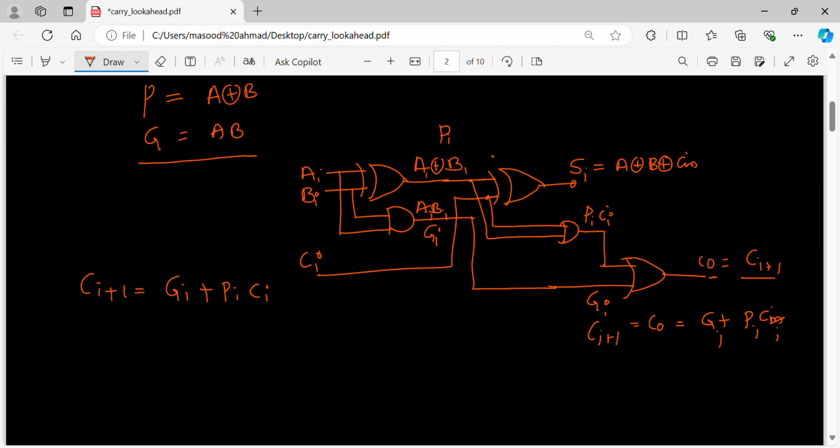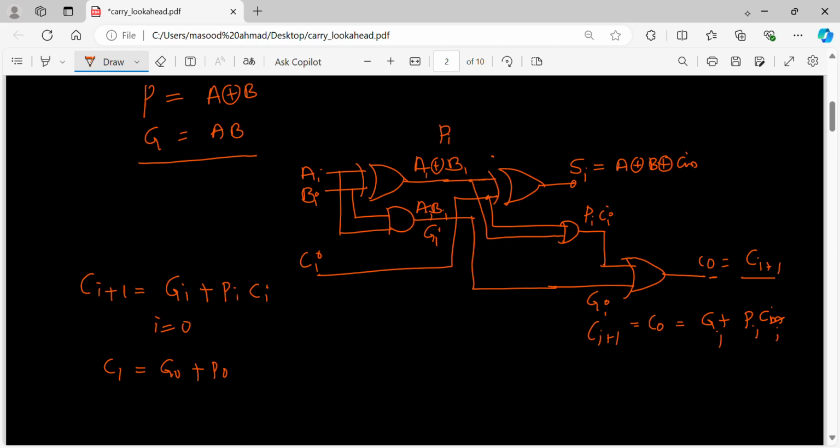Okay. So what I can do now is, say for example, let's say i equal to 0. So C1 is nothing but G0 plus P0 C0.